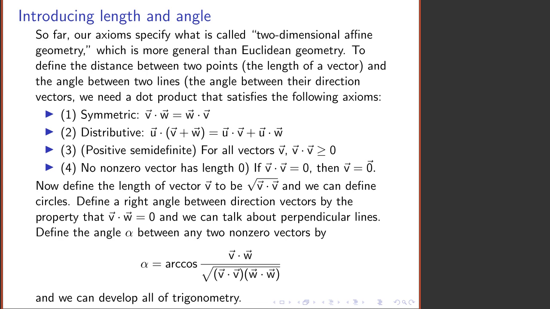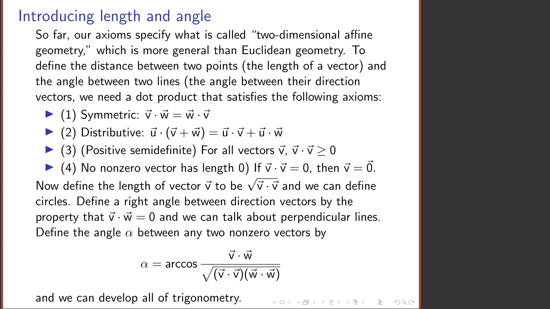If I want to introduce angle, I use the property with which you're already familiar, namely the dot product of two vectors is the product of their lengths times the cosine of the angle between them. So I say, given two vectors v and w, the angle between them is just the arc cos of their dot product over the product of their lengths.